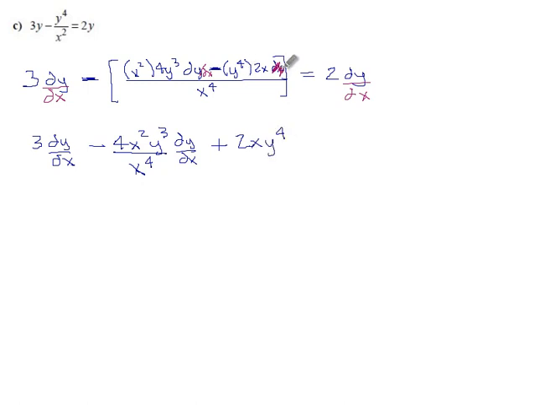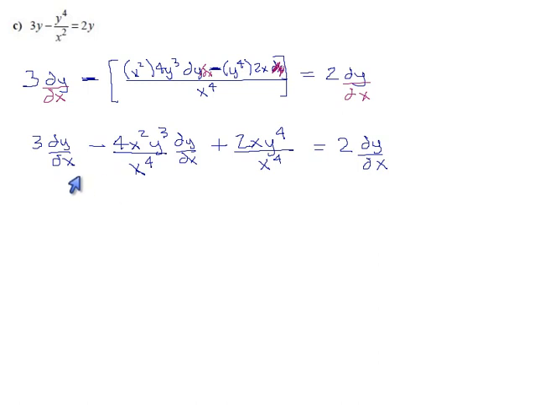No d this time, its dx got cancelled out, and it too is over x to the 4th. And on the right side we have 2 dy/dx. Big eventful line, but now that we have everything spiffed up, what comes next will be easier.